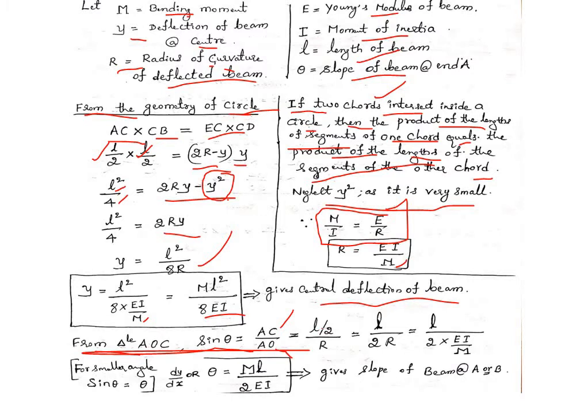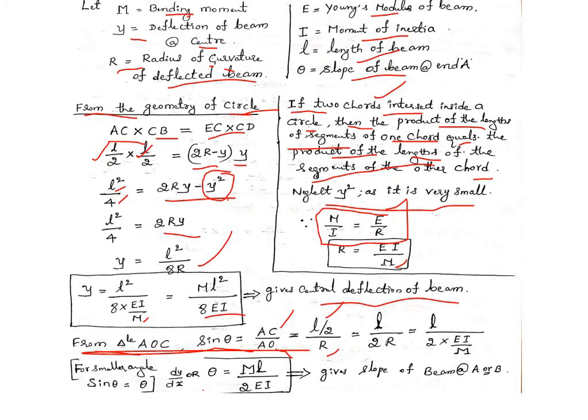The opposite distance AC is L by 2 and AO distance is R. So L divided by 2R. Again R value is EI by M. Then finally the equation is sine theta equals ML by 2EI.